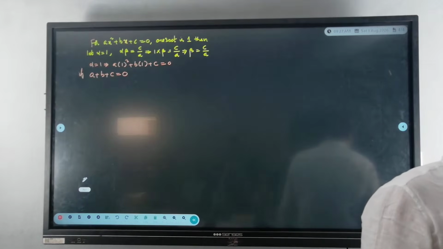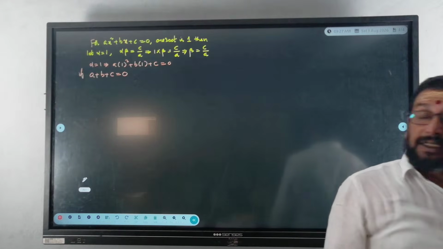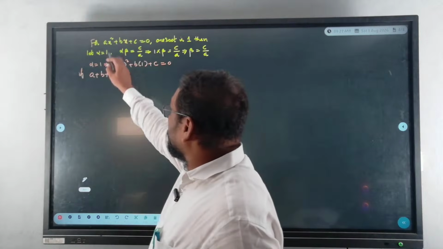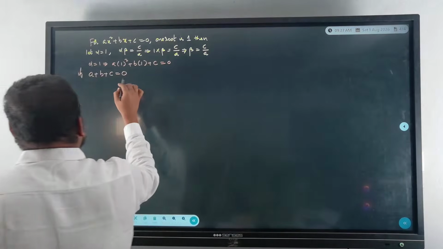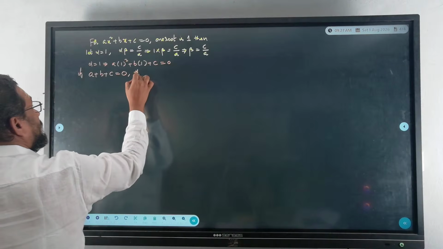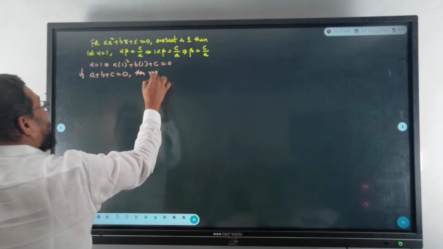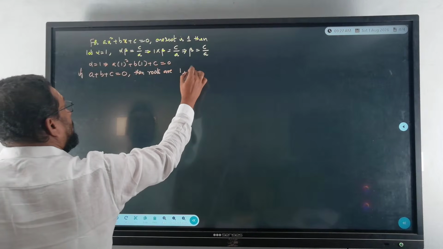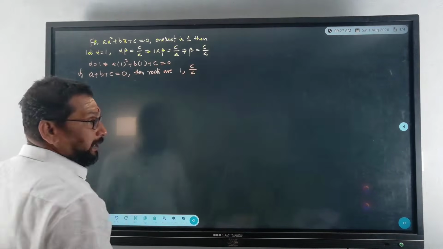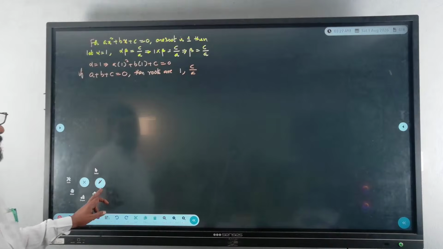Here a plus b plus c means sum of coefficients, where a, b, c are coefficients. Then the roots are alpha 1, beta c by a.